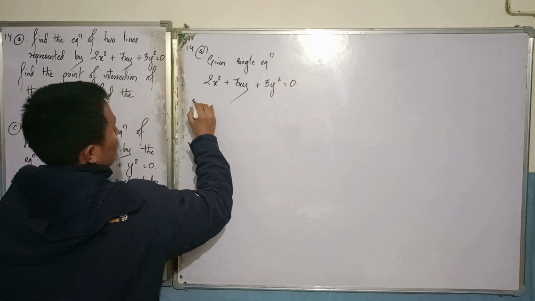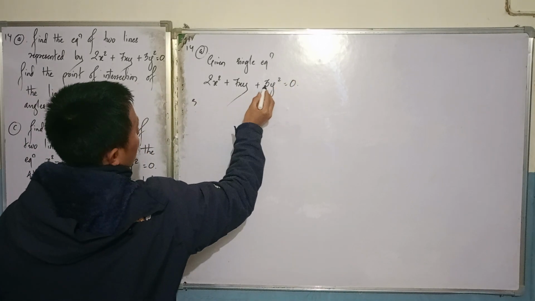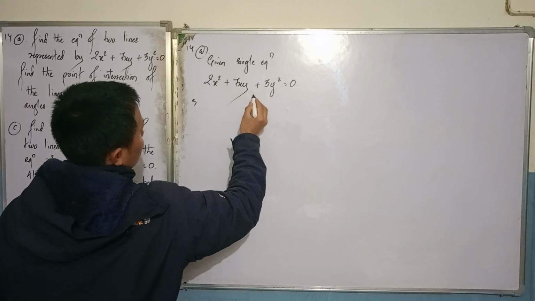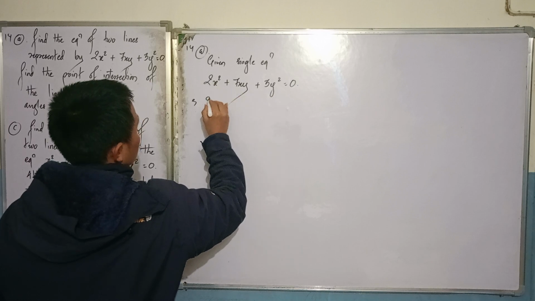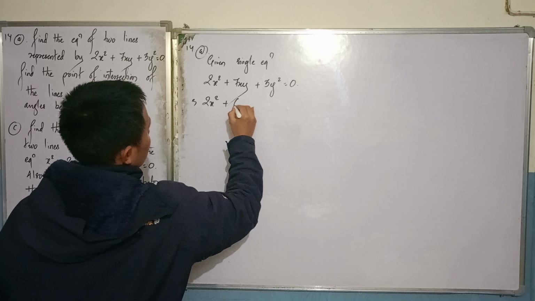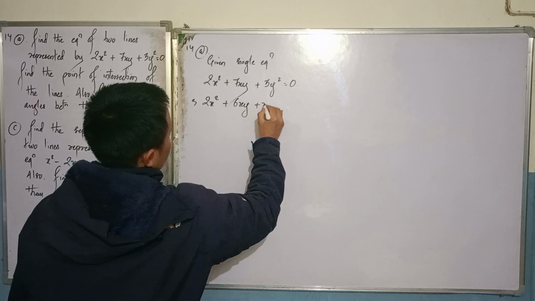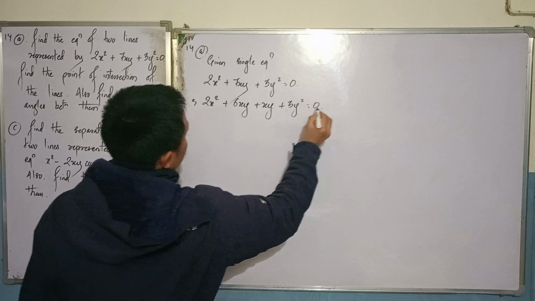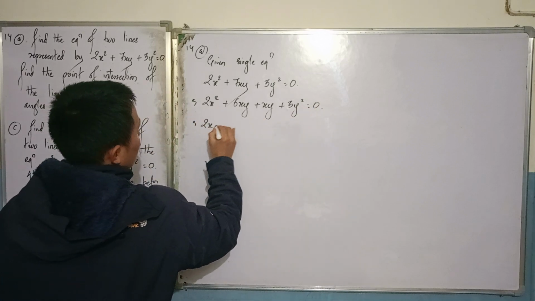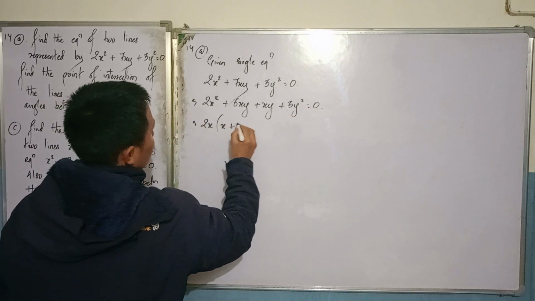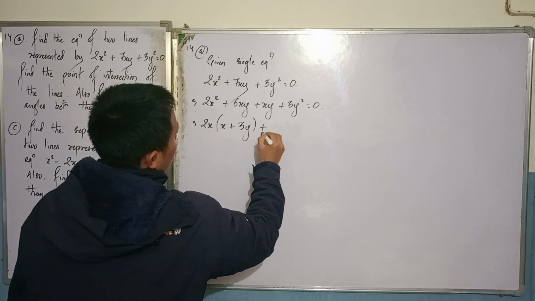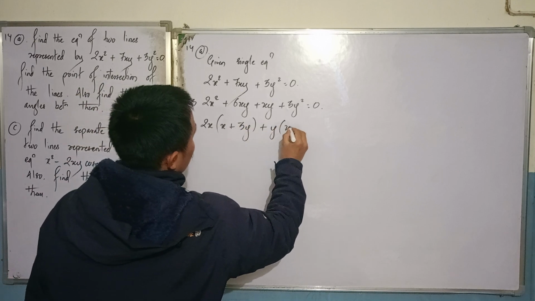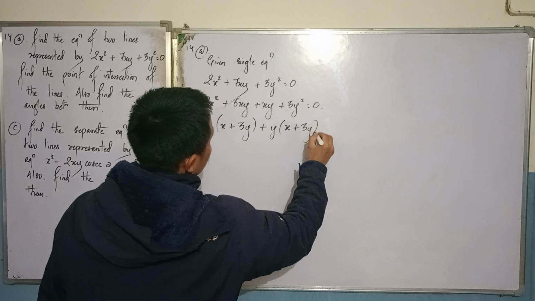So here you just factorize this. 3 times 2 is 6, 6 times 1, 6 plus 1. So I'm going to do it directly. 6xy plus xy plus 3y squared is equal to 0. So here 2x will be common, 2, 3. Here y will be common, x plus 3y is equal to 0.